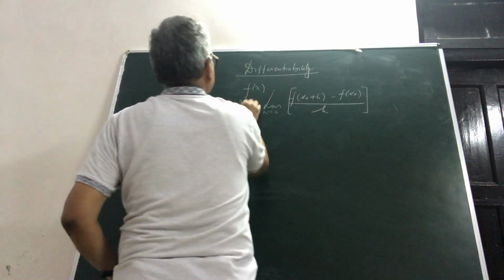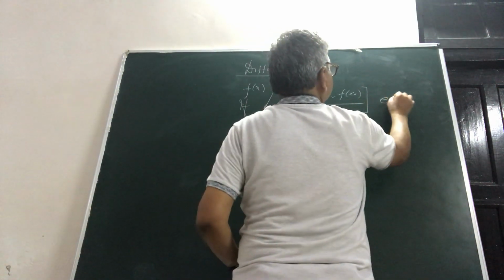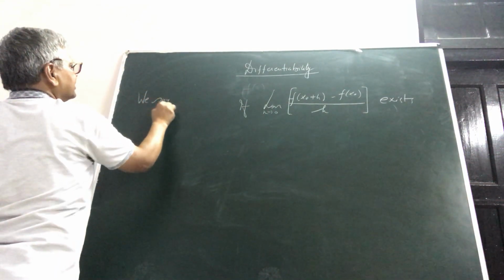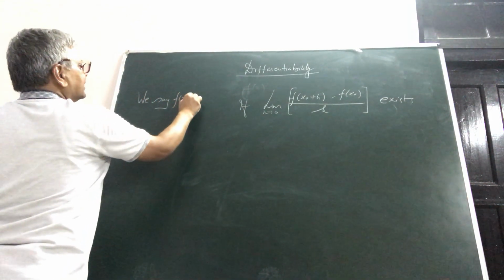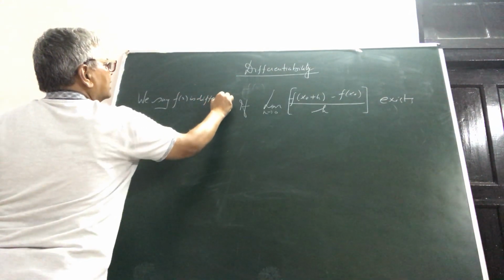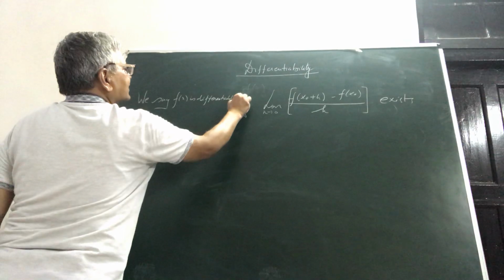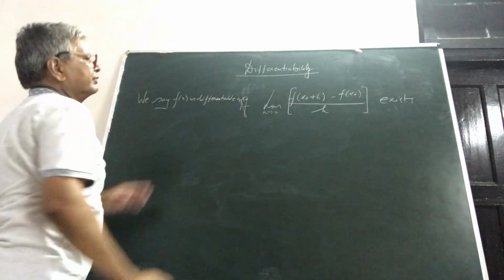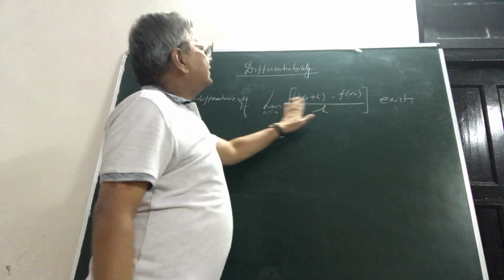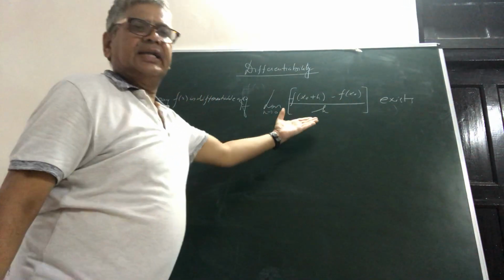If this limit exists, we say the function f(x) is differentiable at x naught if this limit exists. Okay.